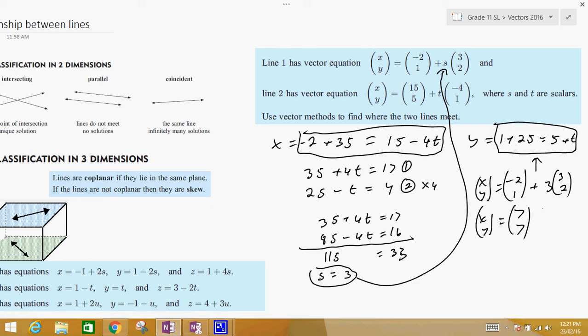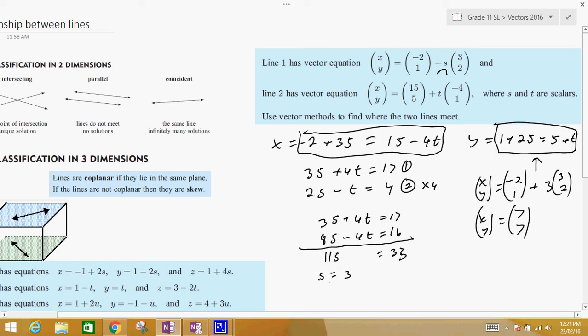If you're wanting to check to make sure that this is correct, you could continue this on instead of just plugging into the answer. You could have figured out what t is. So when s is equal to 3, let's go to equation 2. So 2s minus t is equal to 4. Well, if s is equal to 3, then 6 minus t is equal to 4, and therefore t is equal to 2.